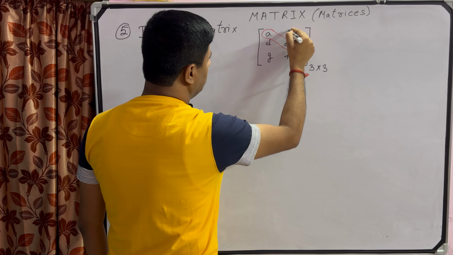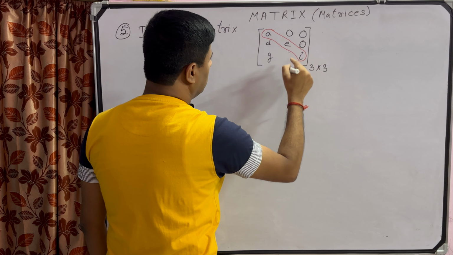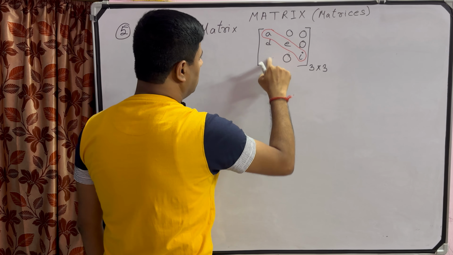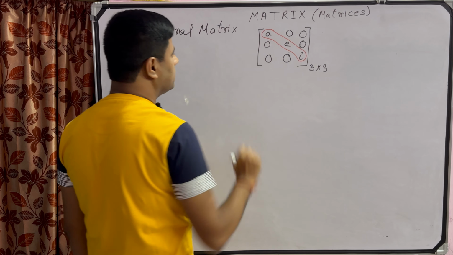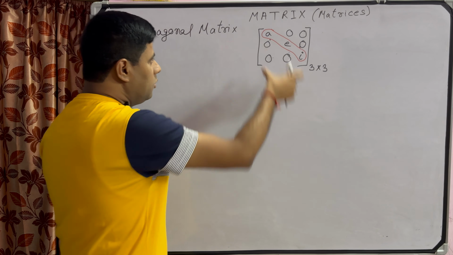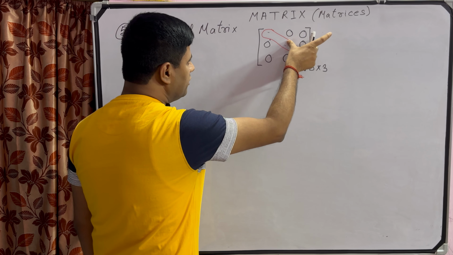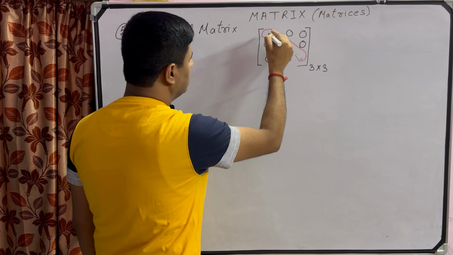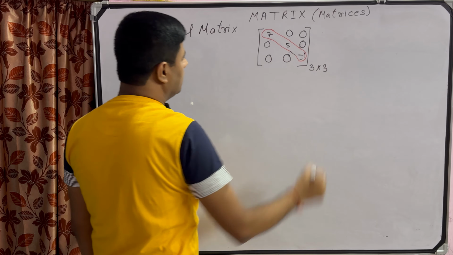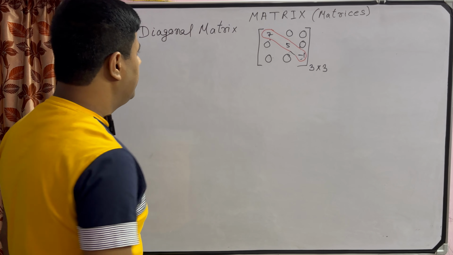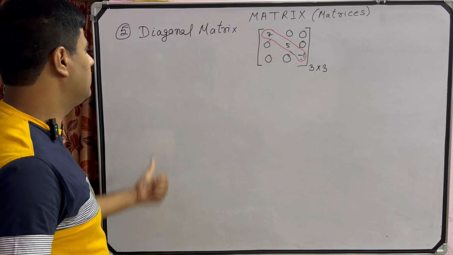So this will be 0, this will be 0, this will also be 0, and this will also be 0. All are 0, only the diagonal elements are some non-zero value. Might be 7, 5, minus 1. So this type of matrix where only the diagonal part has values and the rest is 0 is called a diagonal matrix.